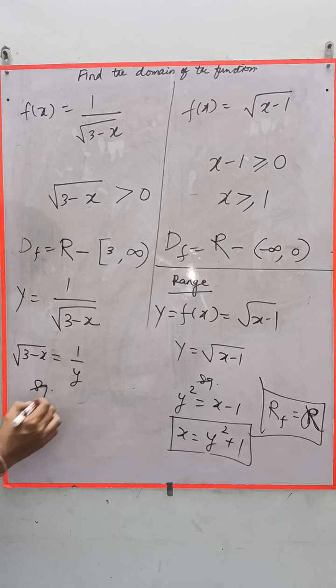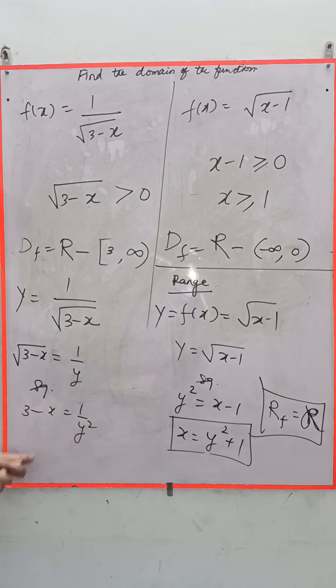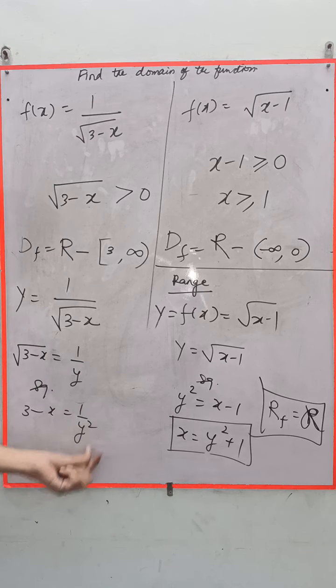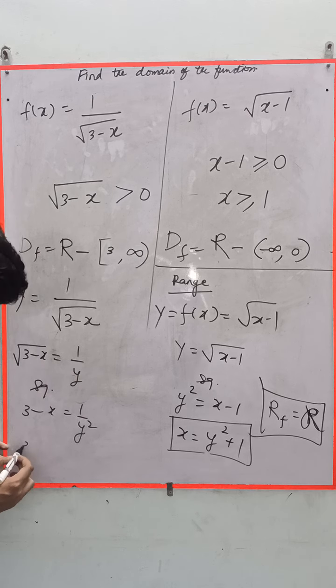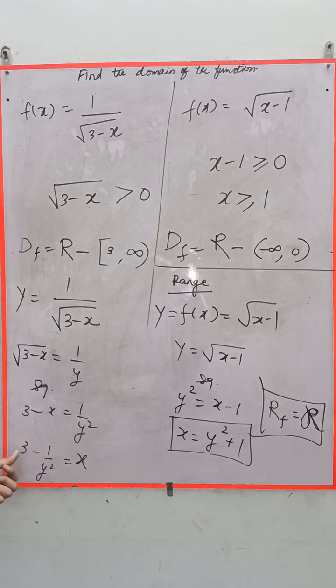Then square both the sides, so 3 minus x is 1 upon y square. Now take minus x there and 1 upon y square here. So transposing, we got x is equal to 3 minus 1 upon y square. Now here we have the problem that y is in the denominator.